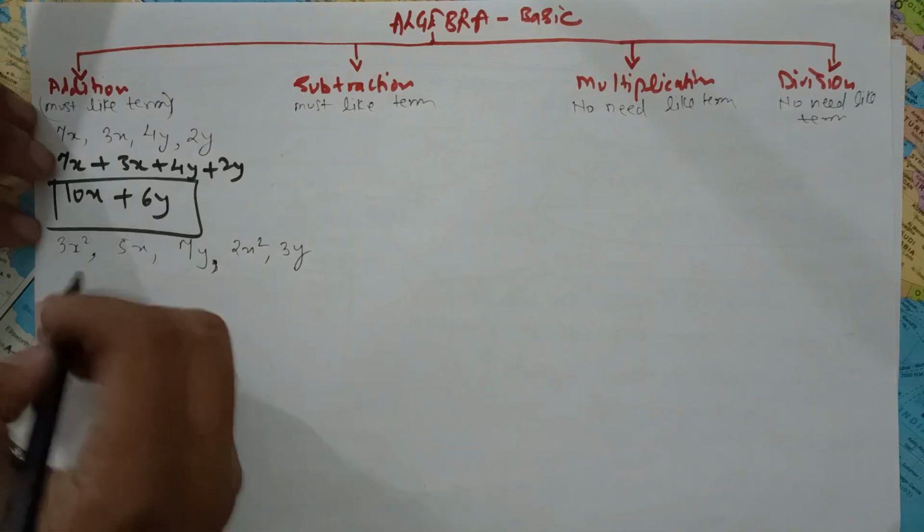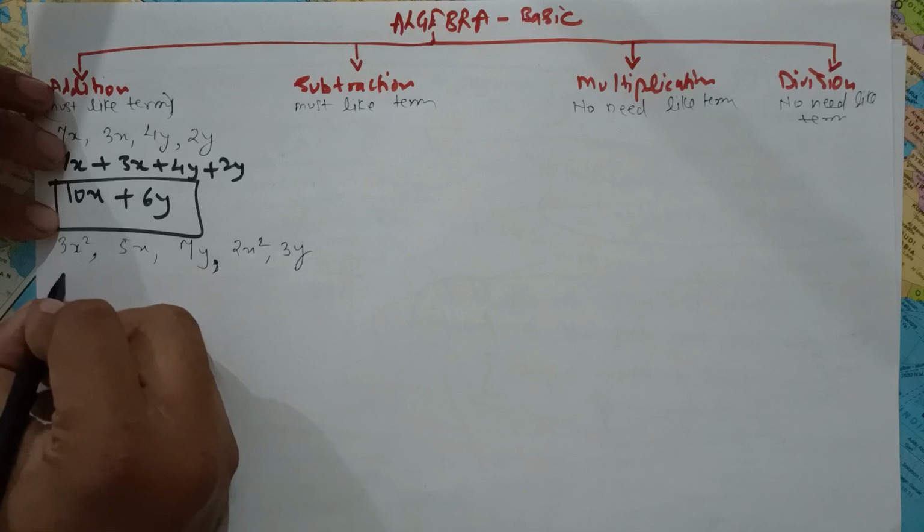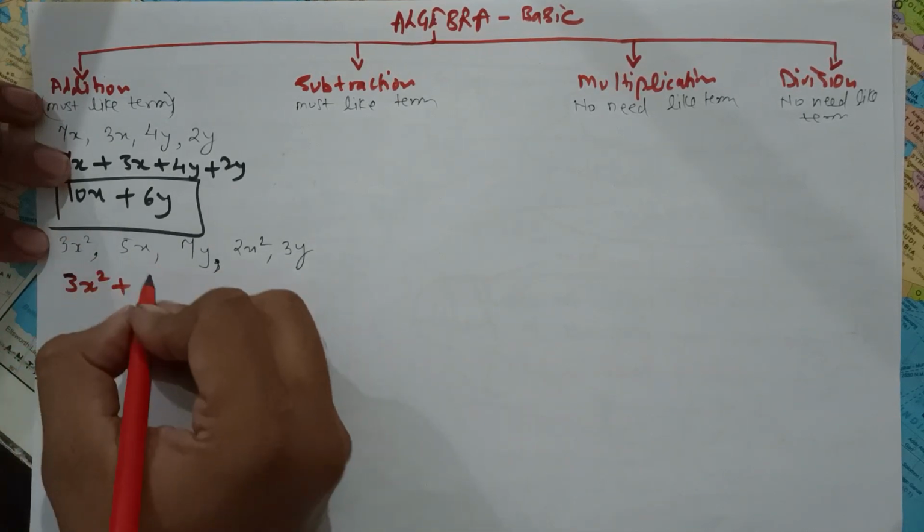Now you have to add them up. So just before the comma you will put x plus, because we have to add it.